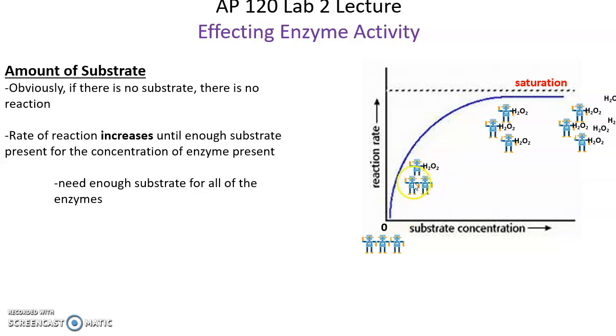So if you add a little bit of substrate, it'll go a certain speed, add more, it'll go even faster based on the number of enzymes. But once you're providing so much substrate that all the enzymes are functioning, you are no longer speeding up the chemical reaction. So again, as you increase the substrate, you increase the speed of the reaction until you reach saturation, at which you cannot make the chemical reaction go any faster.